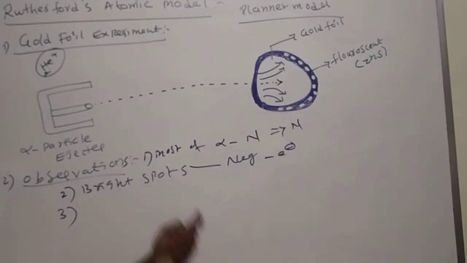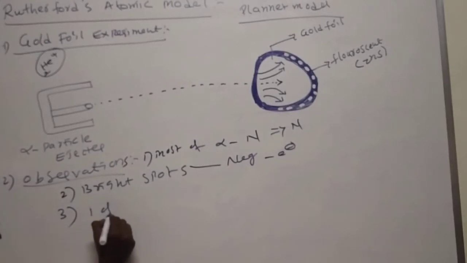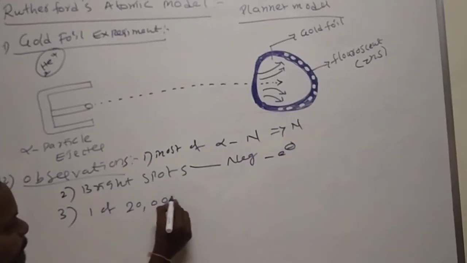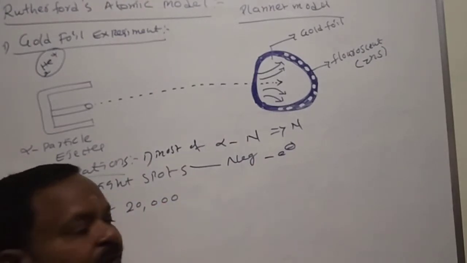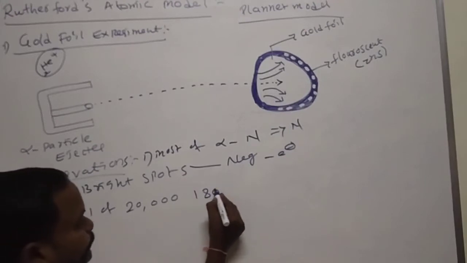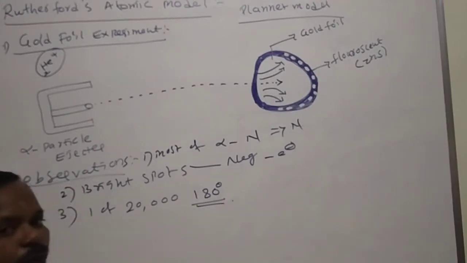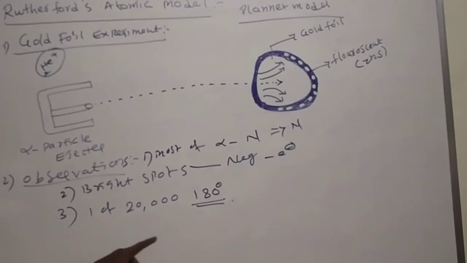Then in continuation, one more observation. Some, one in 20,000 alpha particles, bounce back at a 180 degree angle. A 180 degree angle means those are involving repulsion.